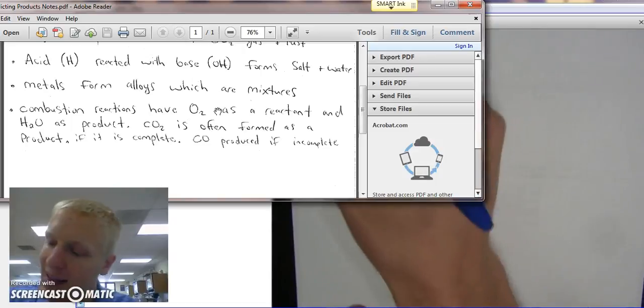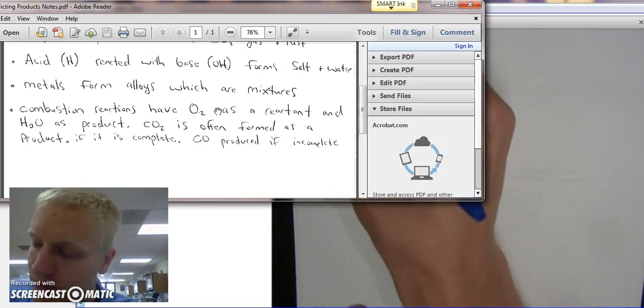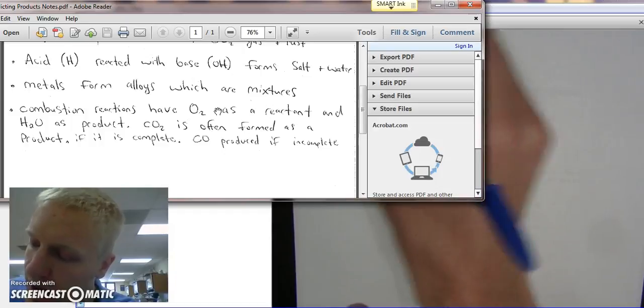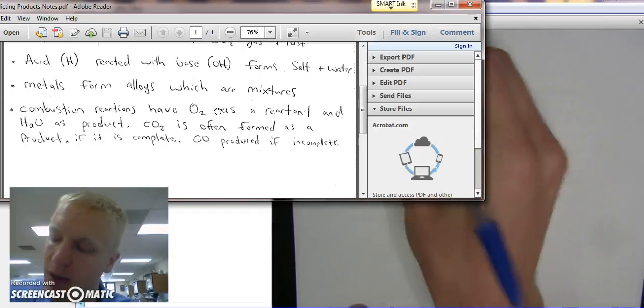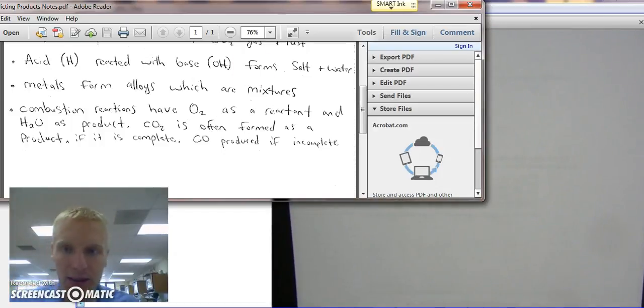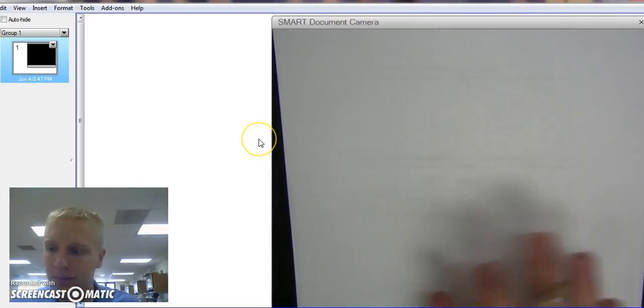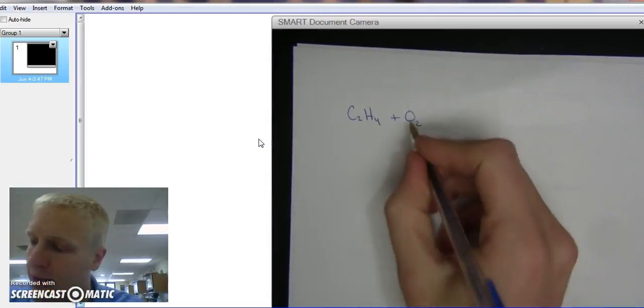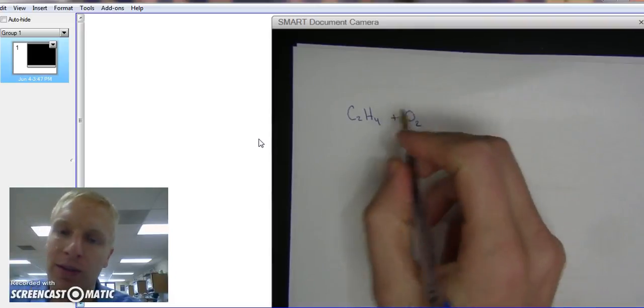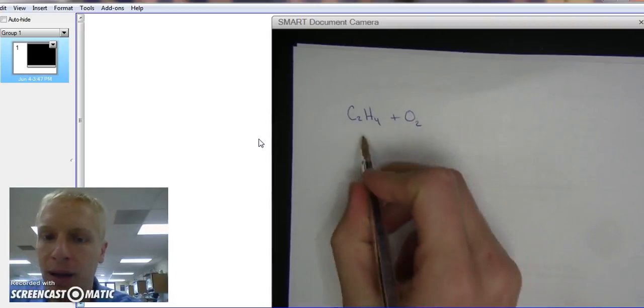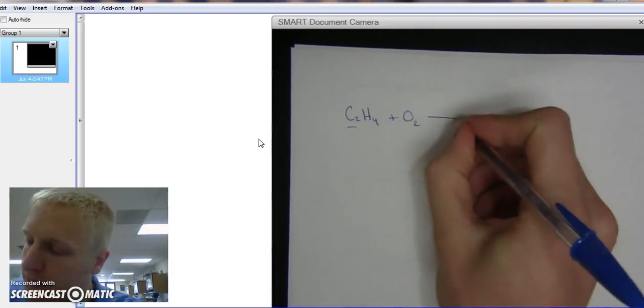So doing an example, we have C2H4 plus O2. So I have O2 as a reactant, C2H4 as a reactant. This is a carbon-based molecule because it has carbon in it.